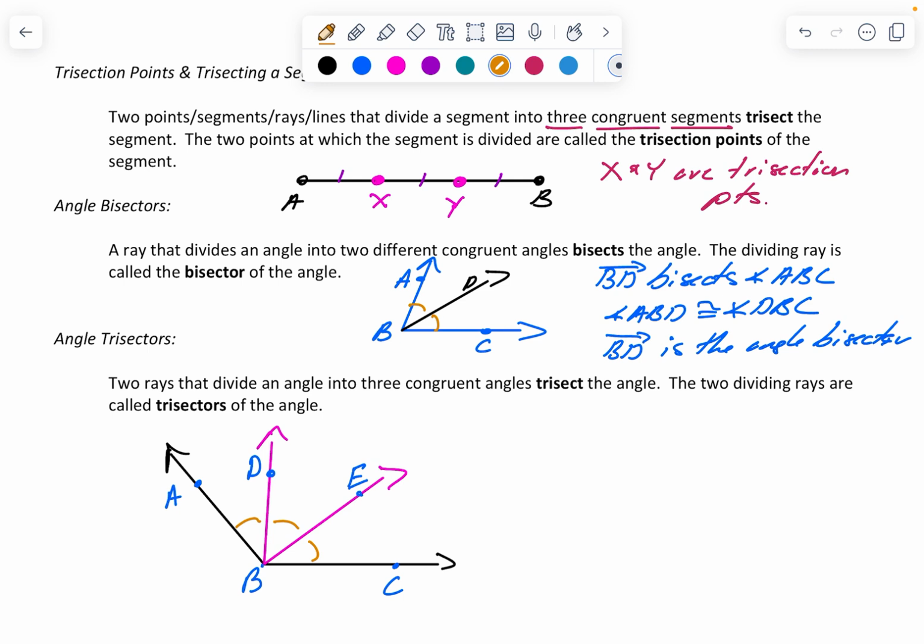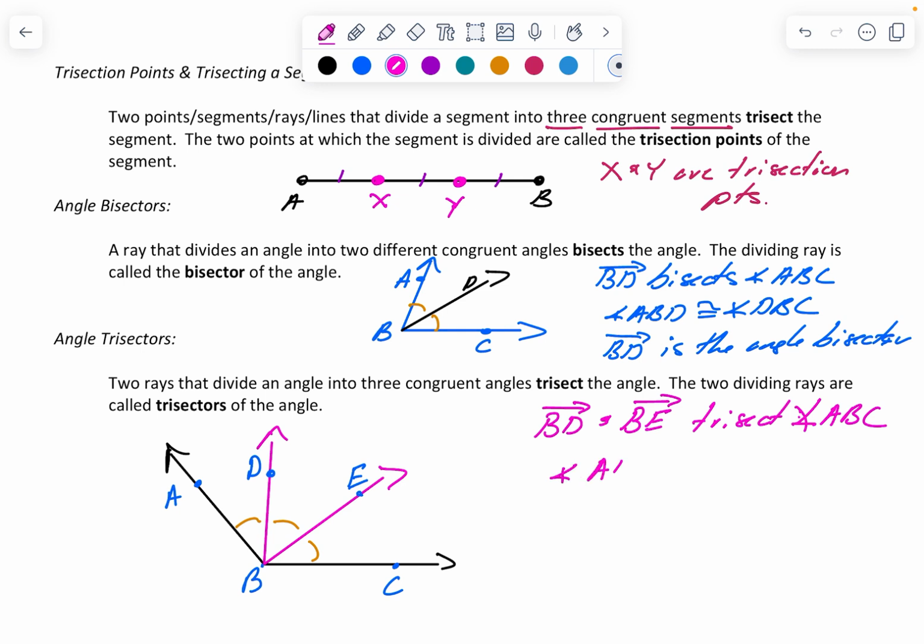And so BD and BE together, so let's put that in words here. We would say ray BD and ray BE trisect angle ABC.